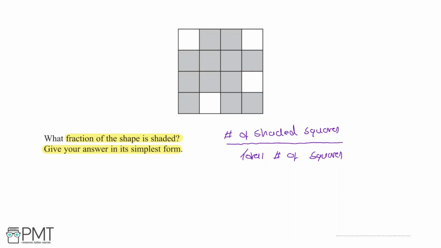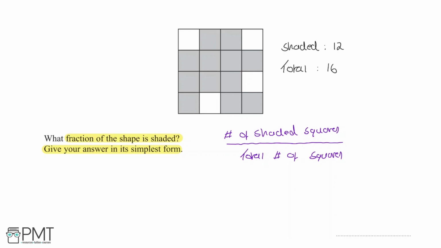Okay, so here I'm just going to say that the number of shaded is 1, 2, 3, 4, 5, 6, 7, 8, 9, 10, 11, 12. Okay, so this is going to be 12. And the total number of squares is 1, 2, 3, 4 by 1, 2, 3, 4. So it's 4 by 4, which is 16.